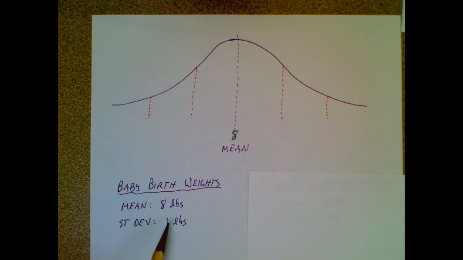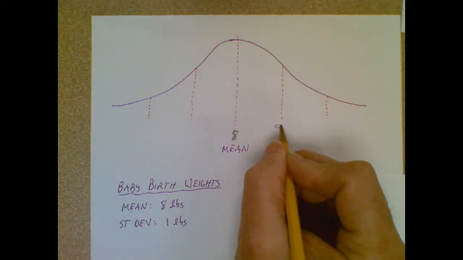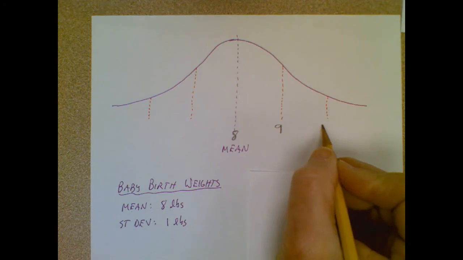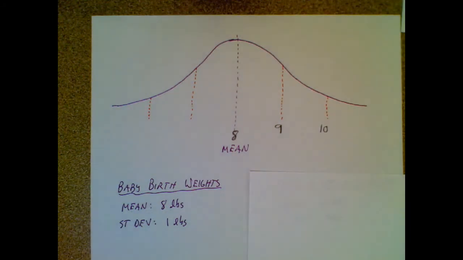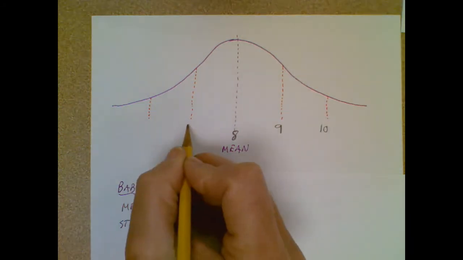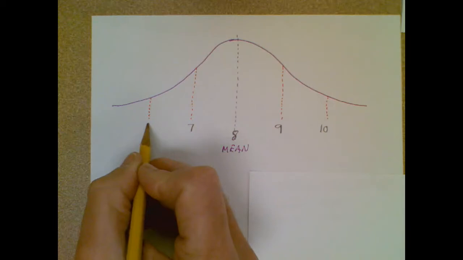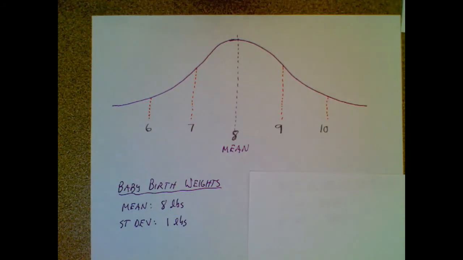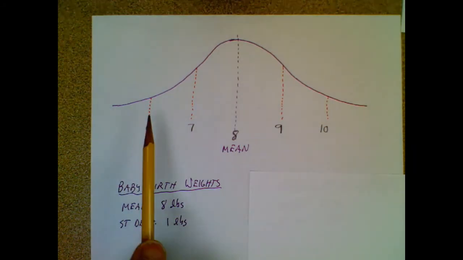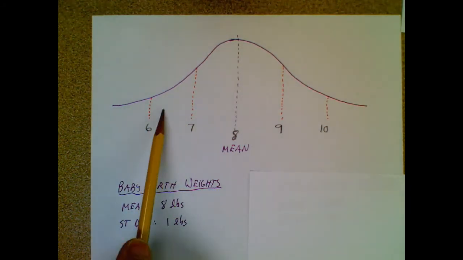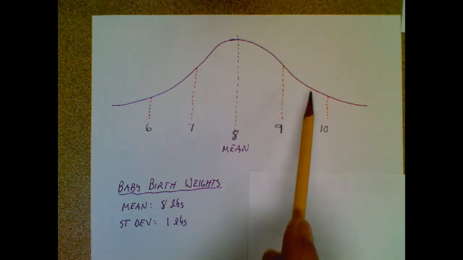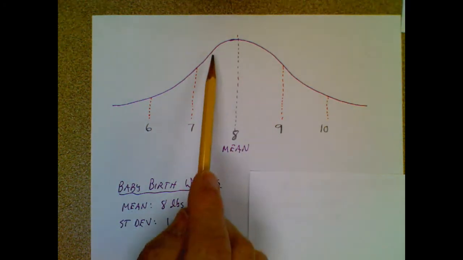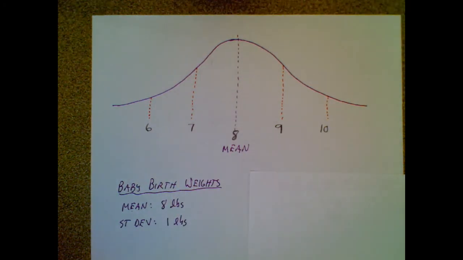So if the mean is 8 pounds and the standard deviation is 1 pound, that means this would be plus 1 standard deviation, and this would be plus 2 standard deviations. That would be minus 1 and minus 2 standard deviations. So you should always envision that there's a bunch of data points that are dots leading up to this so that you get this shape that I showed you earlier.